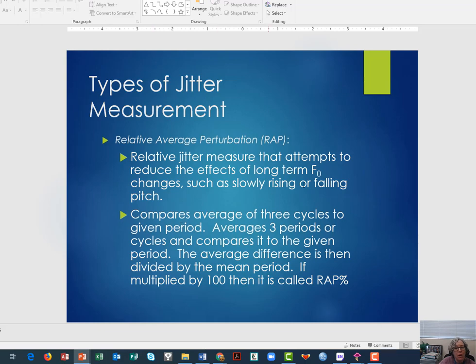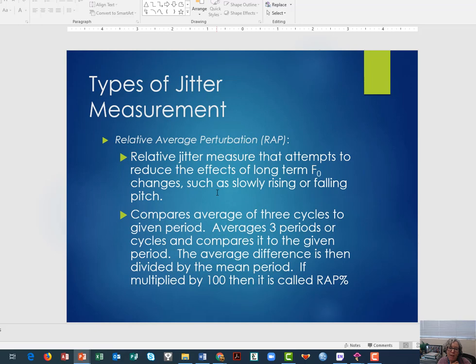We also have what we call the relative average perturbation, a relative jitter measure that attempts to reduce the effect of long-term frequency changes, so if you've got a slowly rising or falling pitch.